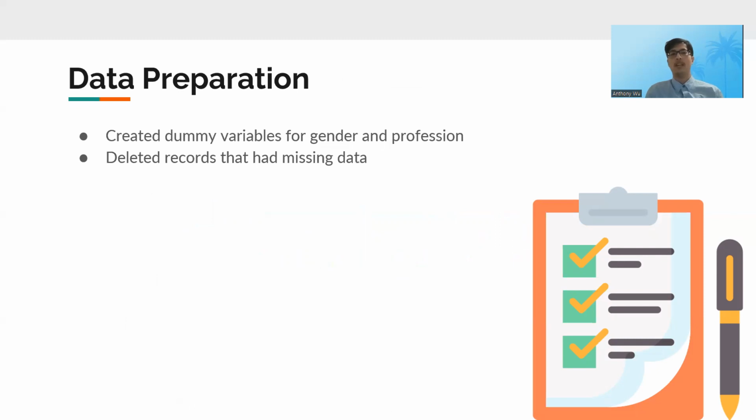First, we did this by creating dummy variables for gender and profession, since gender had their data as male and female instead of zeros and ones, and profession had them stated out by what profession they were instead of zeros and ones. Also, we had to delete some records that were missing from profession, since missing data can often skew data or analysis in these models. So it's best to just delete them.